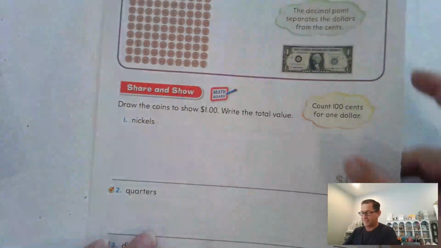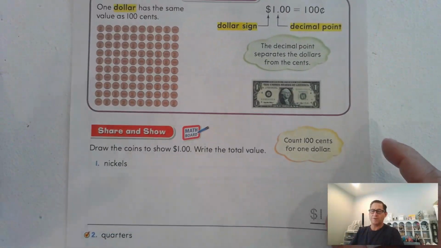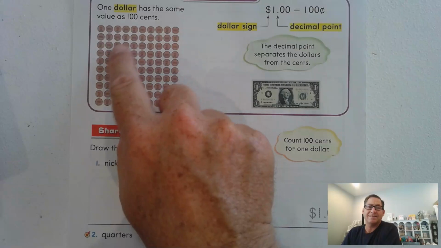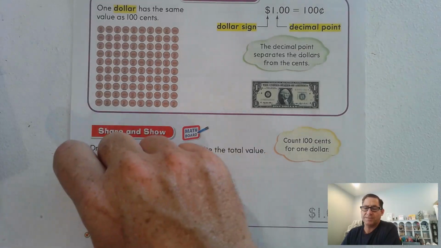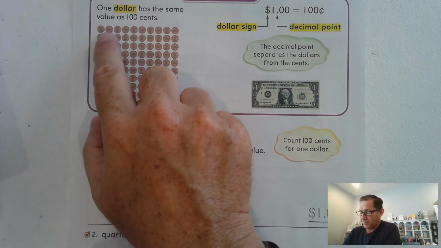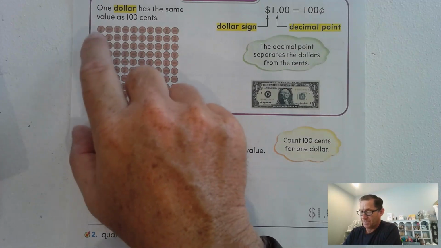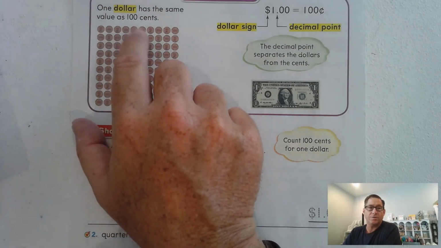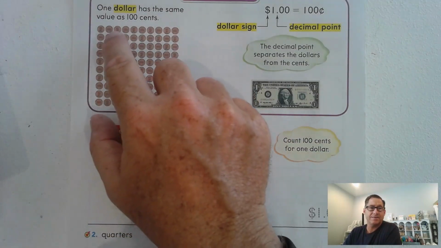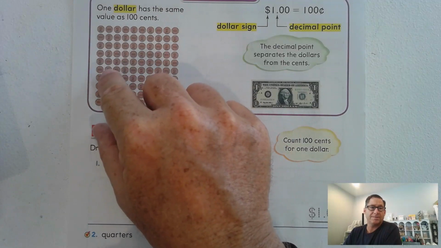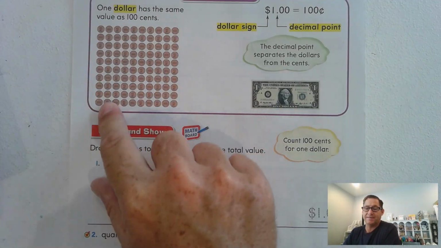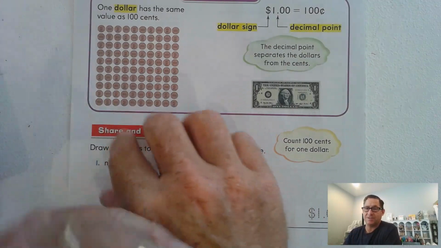Let's look at page 362. What is a dollar? A dollar has the same value as 100 cents. You'll notice that we have 10 rows of 10. 2, 4, 6, 8, 10. 2, 4, 6, 8, 10. So 10 rows of 10 is 100.